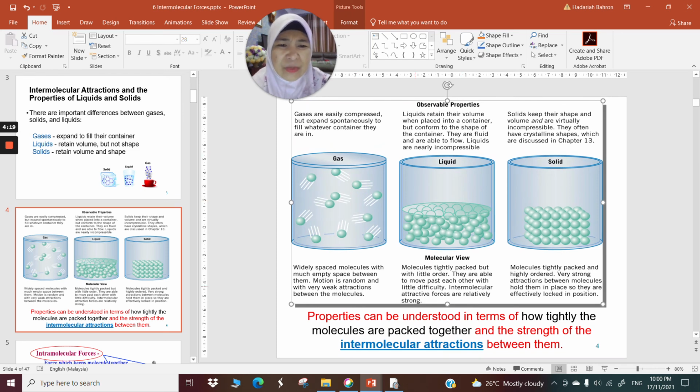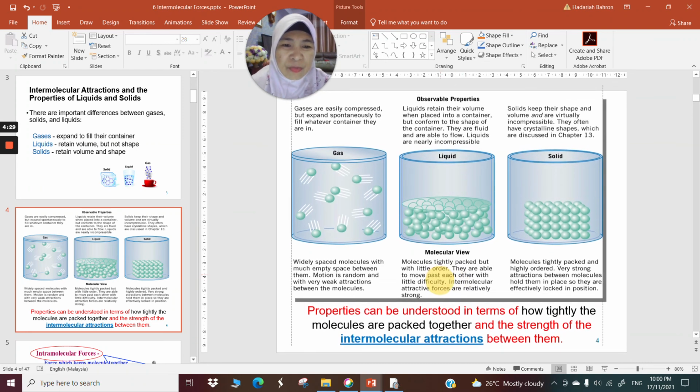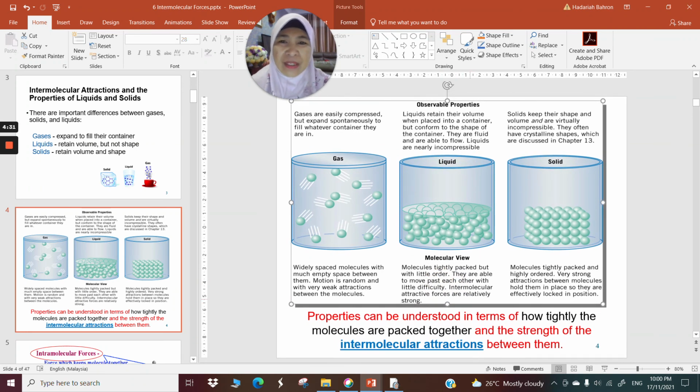In liquid, compared to gases, the molecules are packed a little more tightly, with a little more order. They are able to move past each other with some degree of difficulty, and the intermolecular attractive forces in liquid are stronger than in gas.